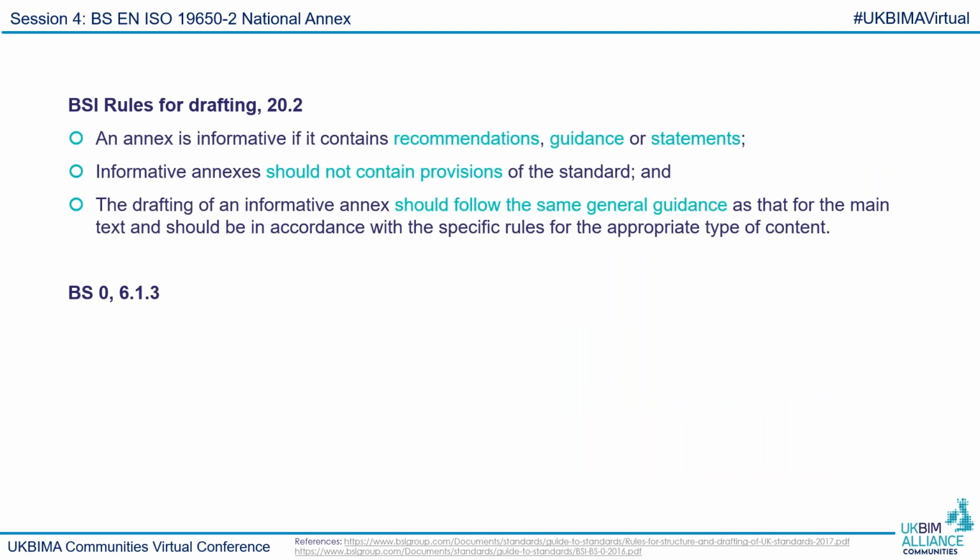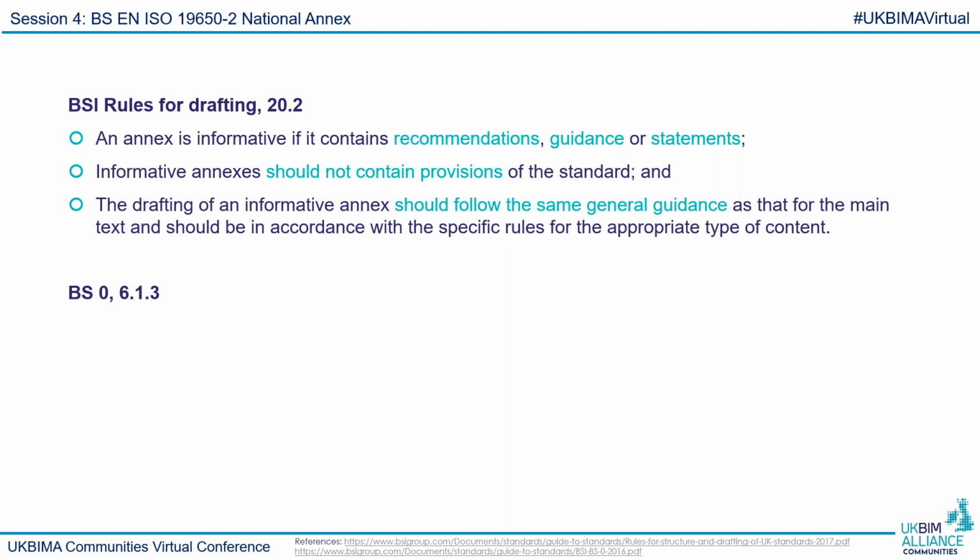And there are rules in terms of drafting these things. An annex, if informative, includes recommendations, guidance, or statements. It can't include new provisions. It can't add extra clauses onto the standard.